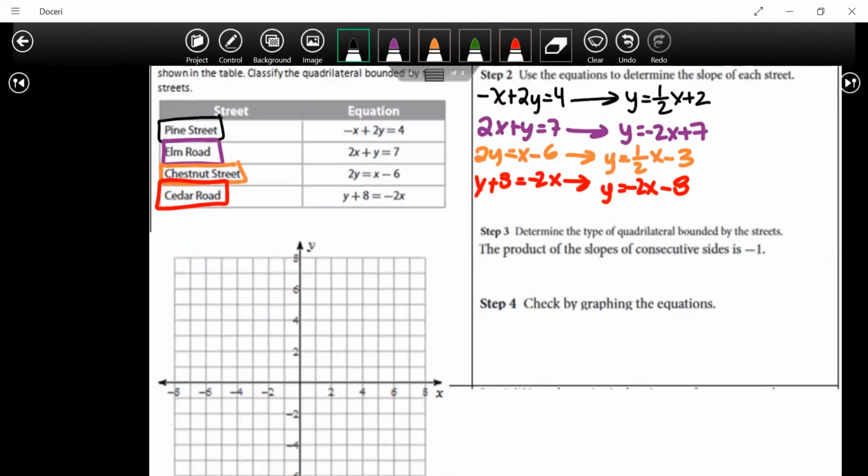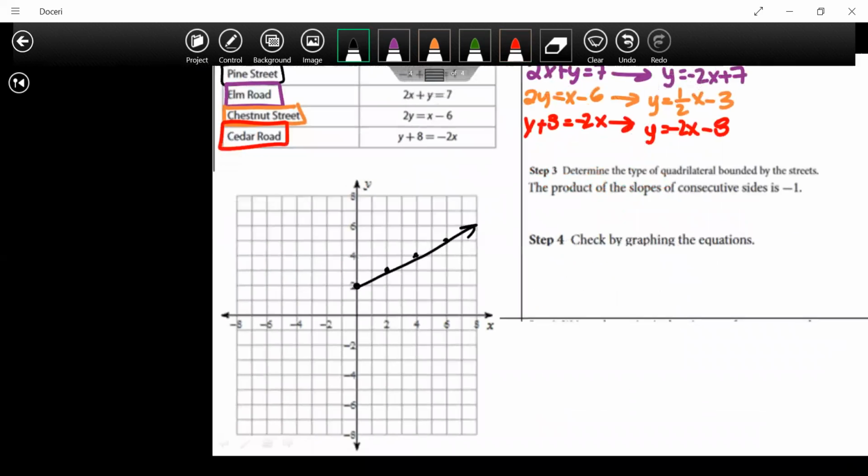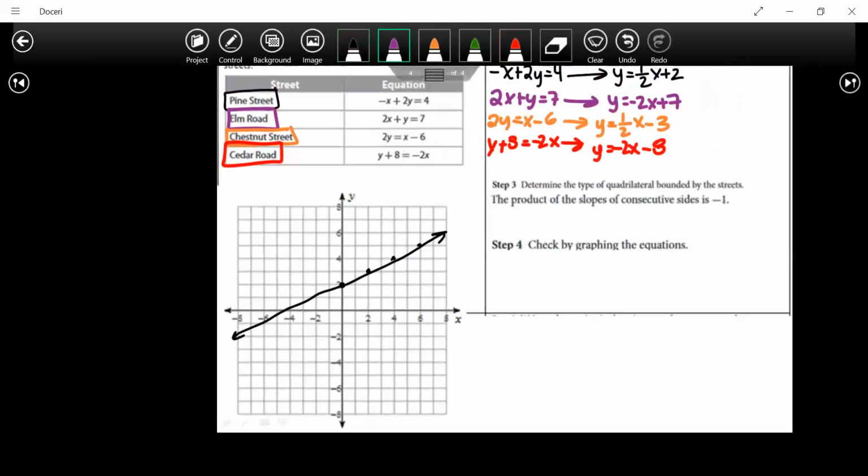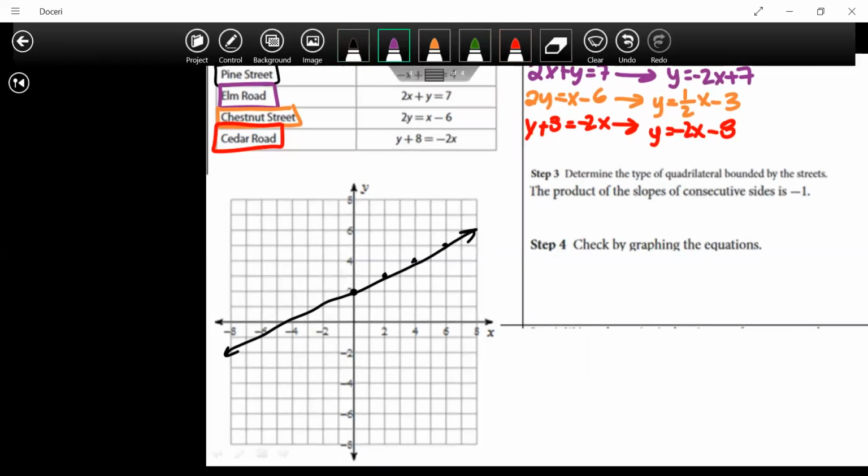So going up 2, up 1 over 2. We're going to graph this just to get an idea what it looks like. Elm Road will be up 7, down 2 over 1, down 2 over 1, down 2 over 1.